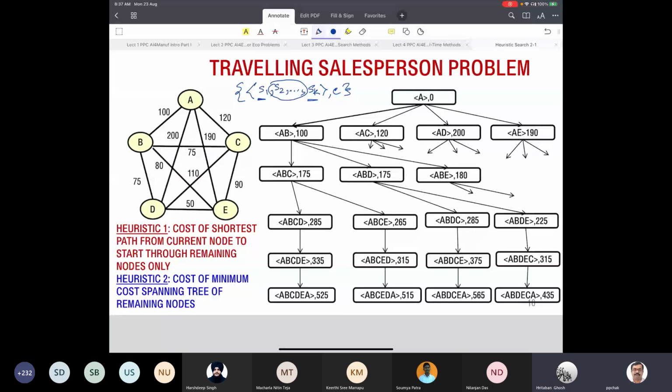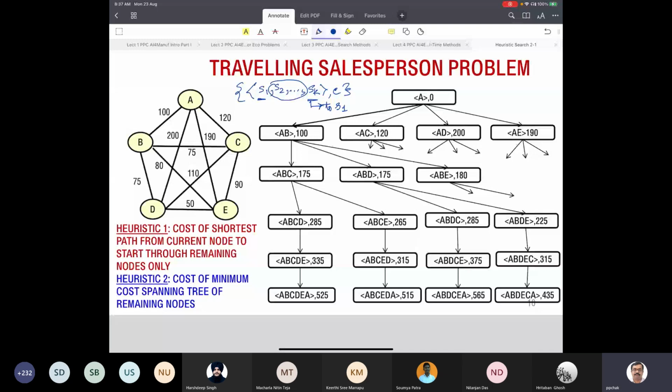The shortest path from current Sk node to S1. Is that clear to everybody? What I do, I remove all the other nodes except the start and the current node, and then I find the shortest path from the current node to the start through the remaining nodes.